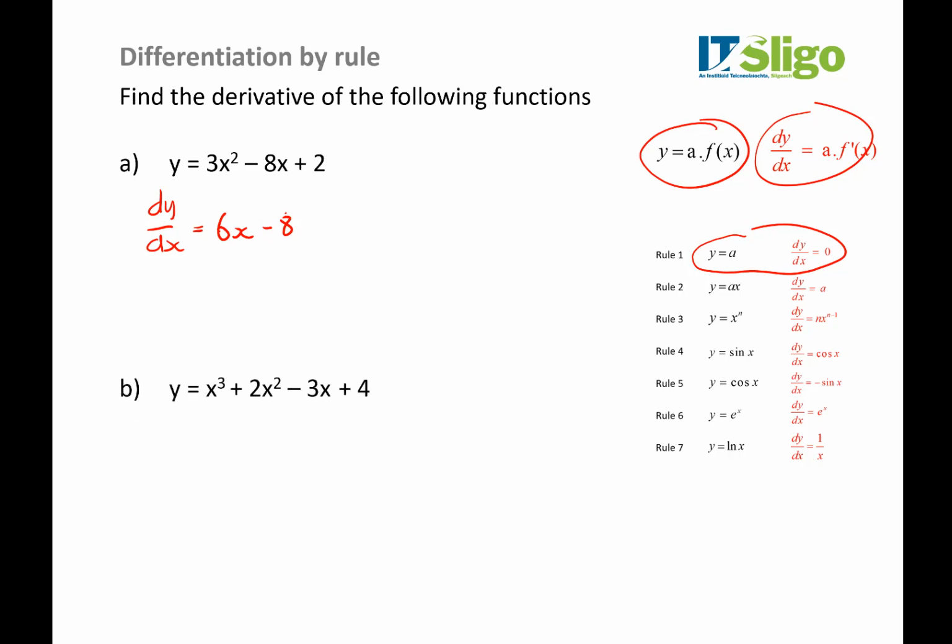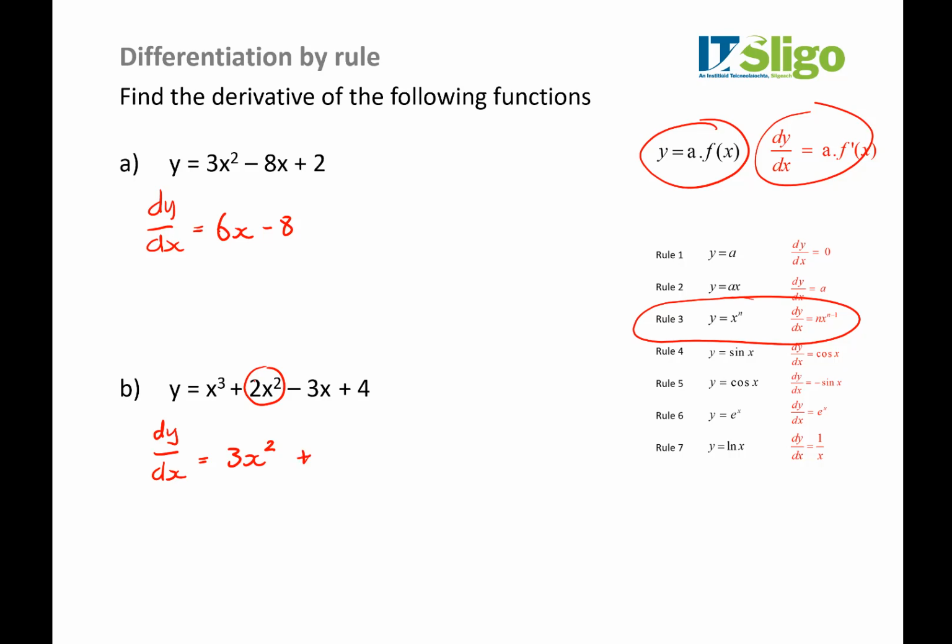Here's one now. Again, we'll be using dy/dx. For the x cubed, we use this rule. Again, we use rule 3 for this bit. Now, the 2 stays, but then when we differentiate the x squared bit, the power comes down. So we have the 2 multiplied by 2 gives us 4x.